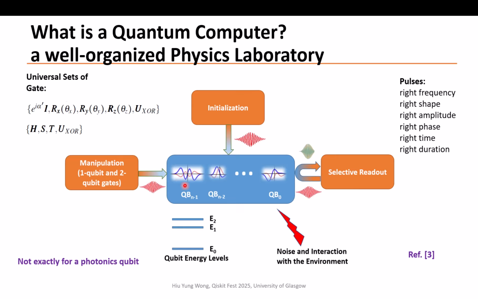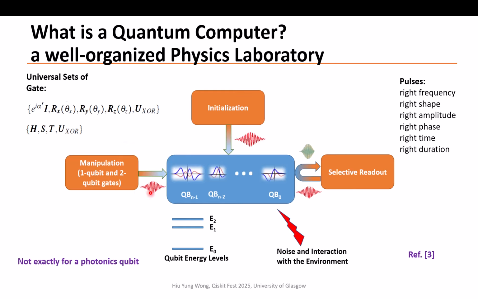So there are different types of universal sets of gates we need to implement. But we won't go into detail again. For example, for this one, you need to have three single-qubit gates: the Hadamard gate, the S gate, and the T gate, which is the square root of the S gate, and S is the square root of the Z gate. And then a controlled-NOT gate.